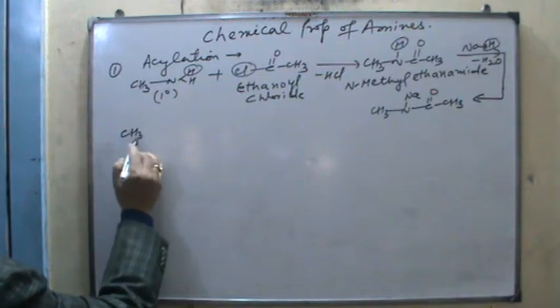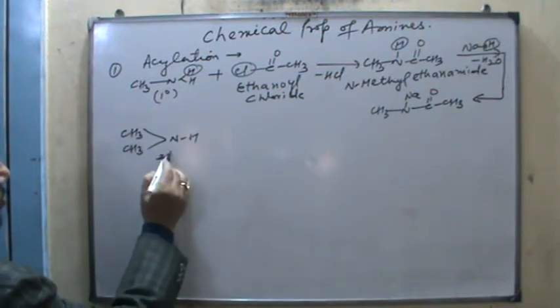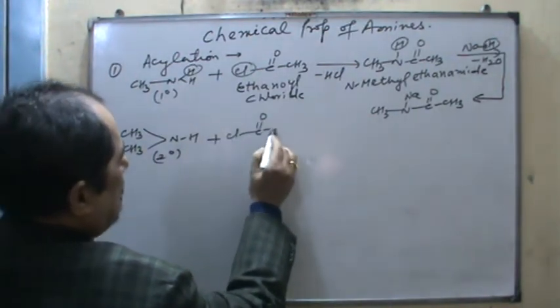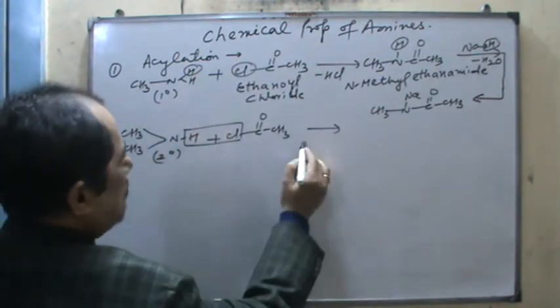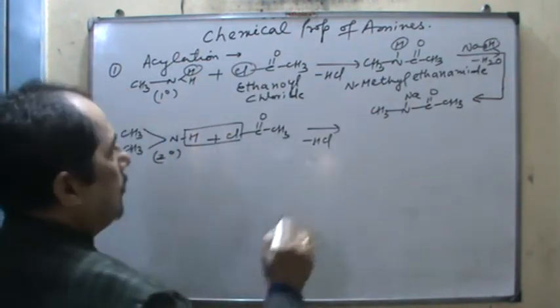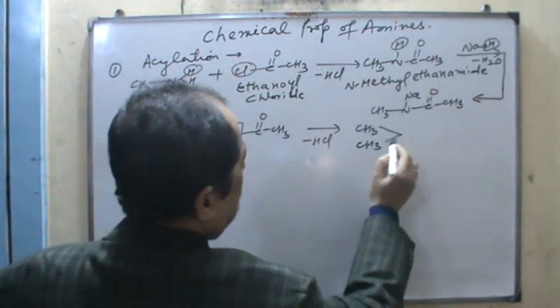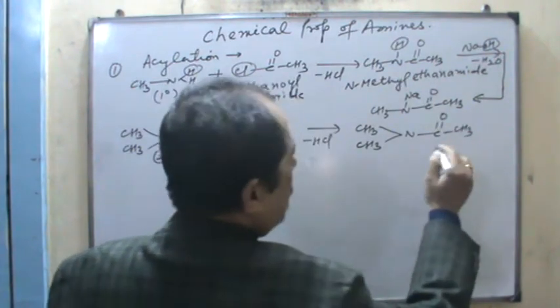Now come for 2 degree reaction. NH, it is dimethylamine, ClC double bond OCH3, HCl, CH3 and C double bond OCH3.